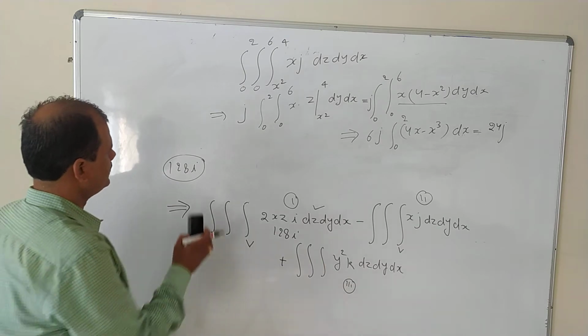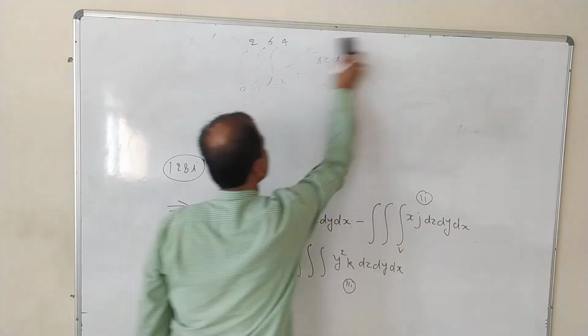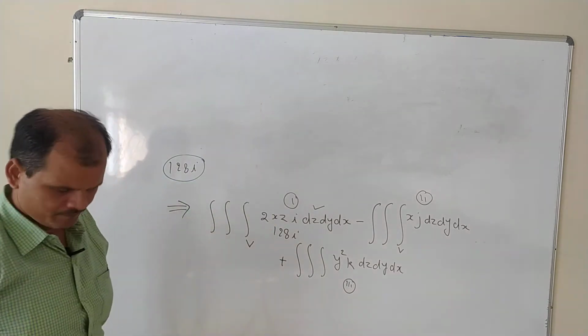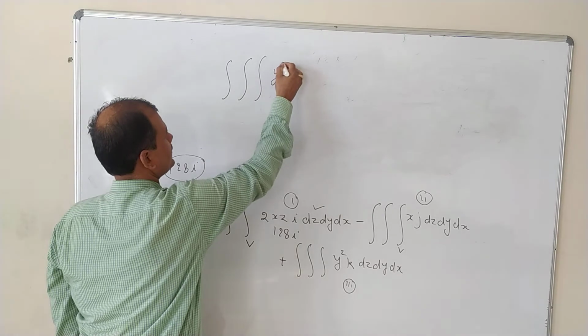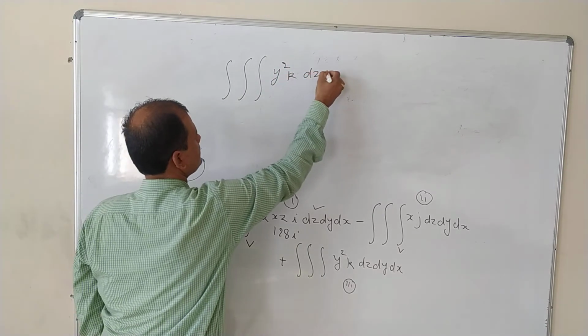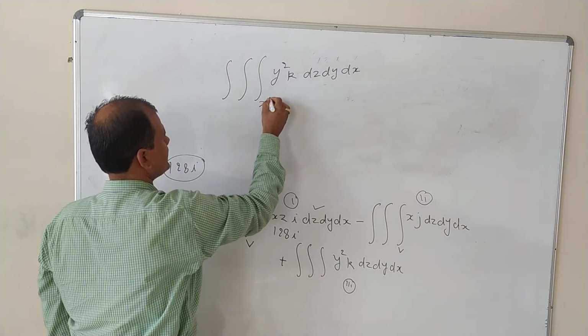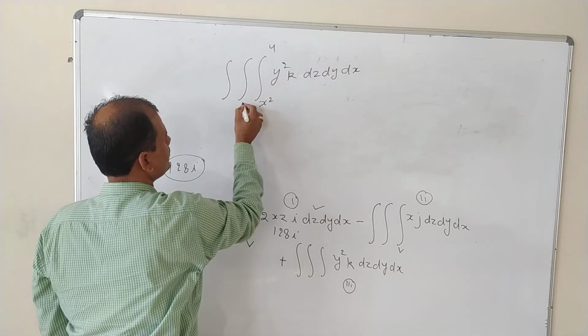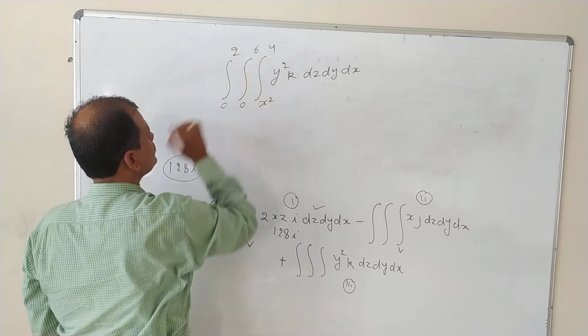And the third one, let us find out the third integration. Third we have triple integration y square k dz dy dx, and the z limit is x square to 4, y limit 0 to 6, x limit is 0 to 2, fine.